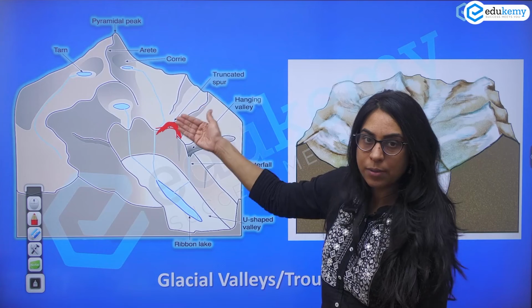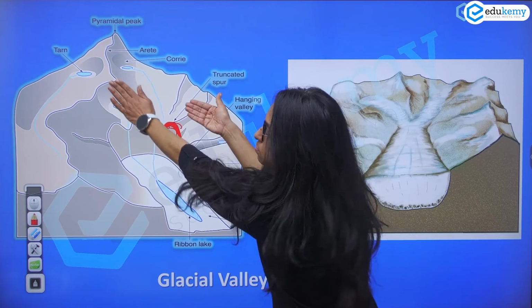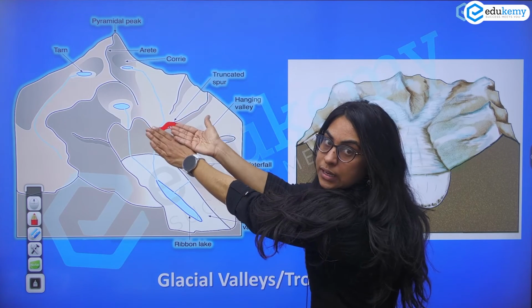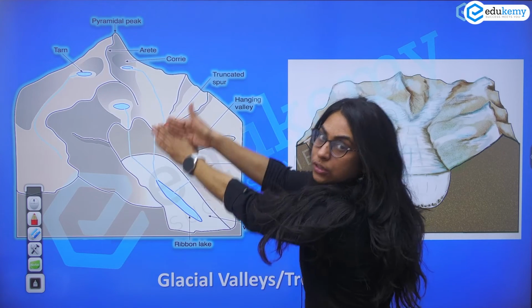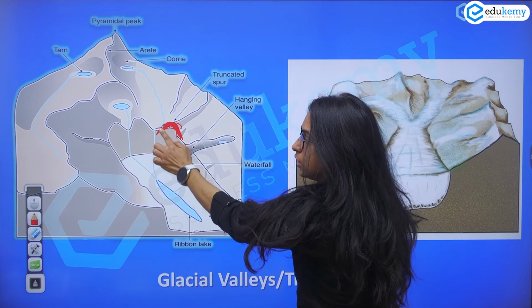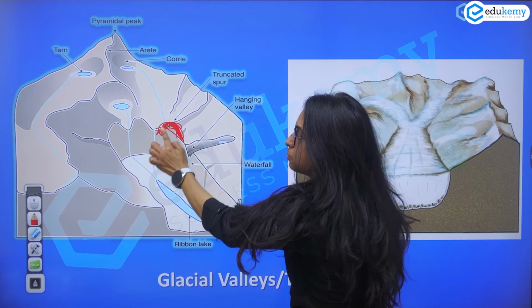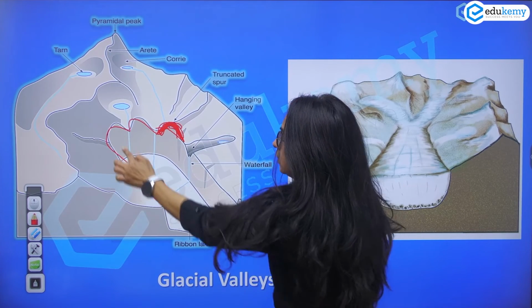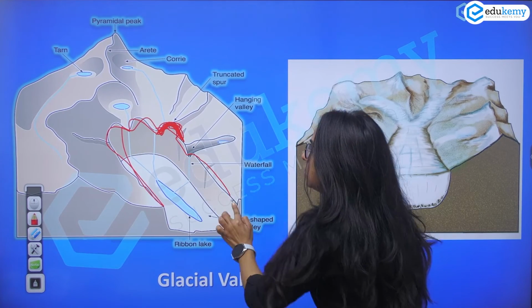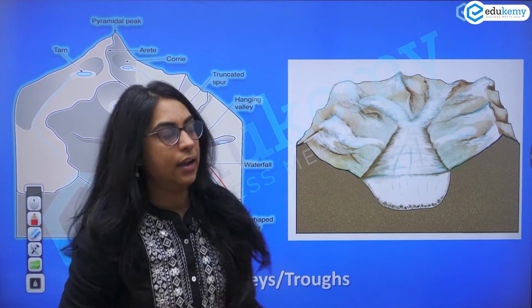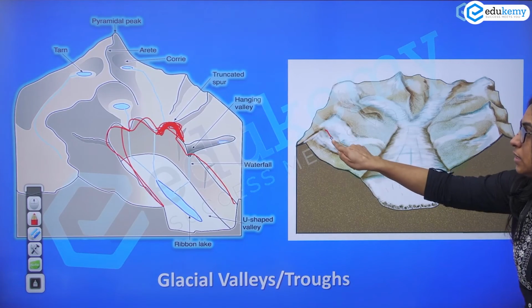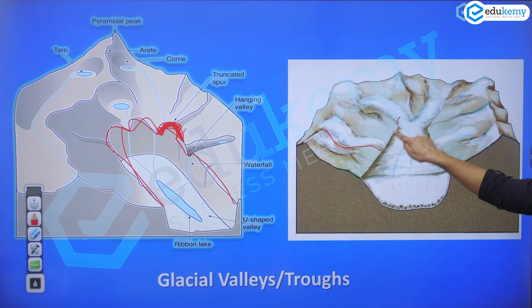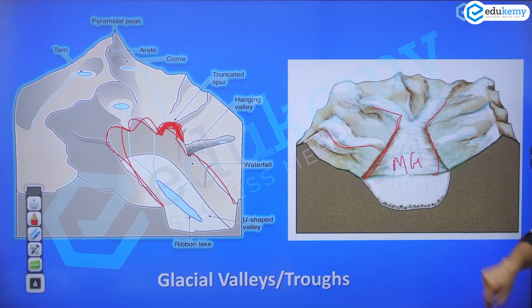This glacier was coming. It was meeting the main glacier, and it has led to a huge depression here. So this edge is called the truncated spur. And you can see this is the main glacier, MG, main glacier.